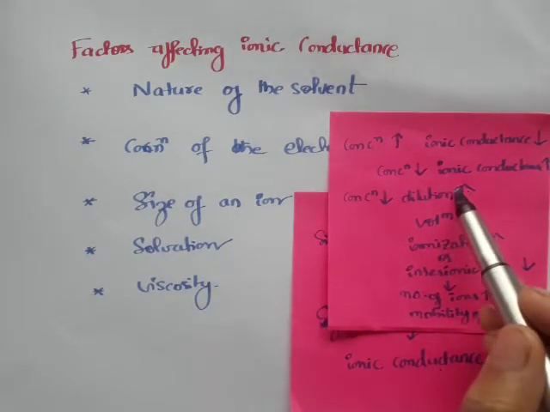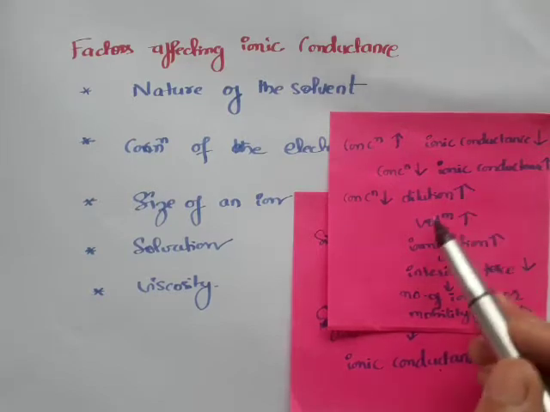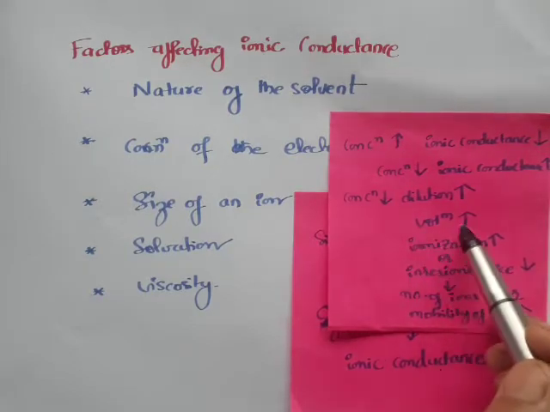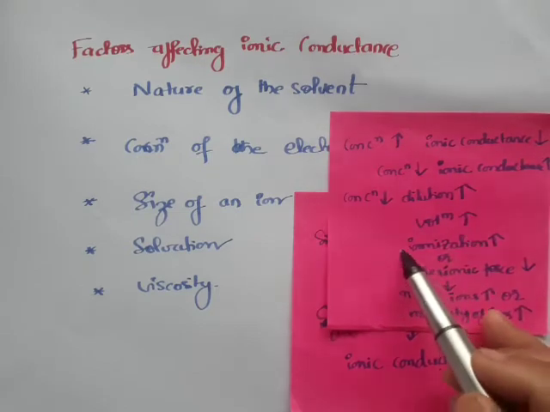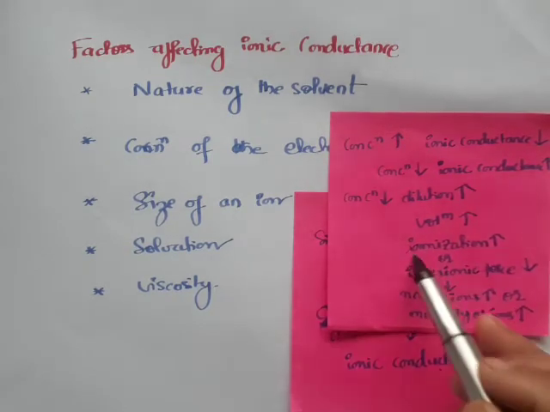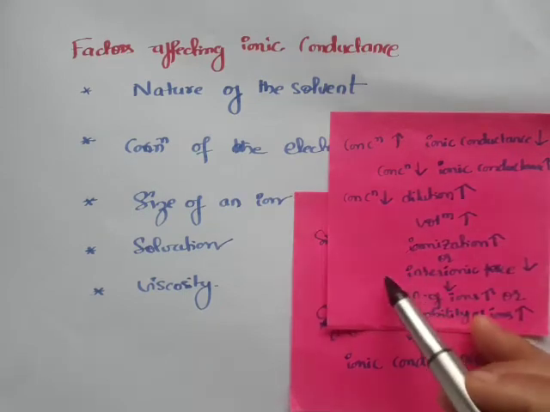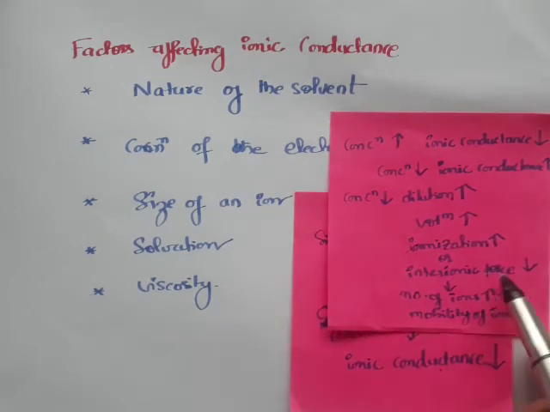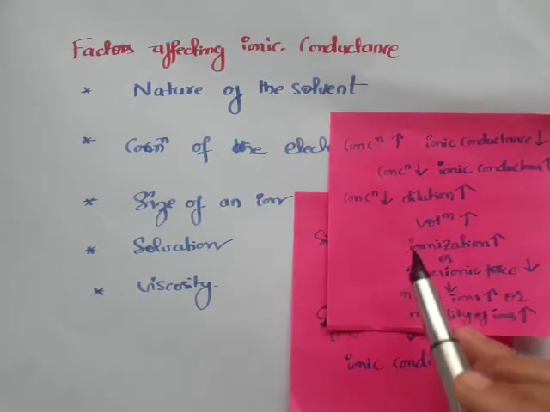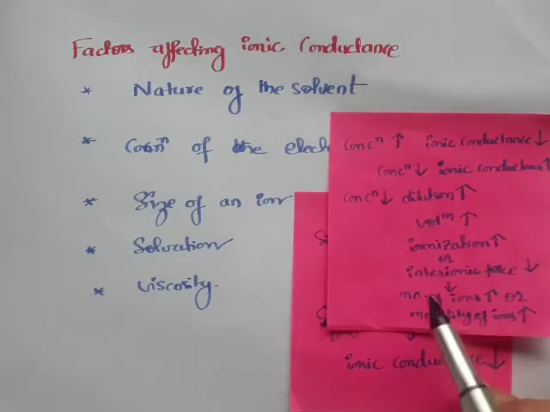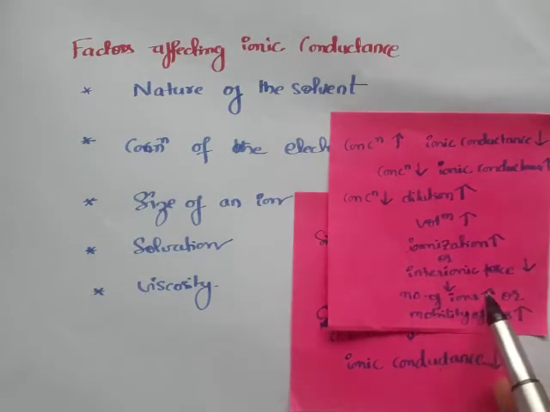When more and more dilution is done, the volume will increase. With an increase in the volume of the solution, either the degree of ionization will increase, or the interionic forces of attraction will decrease. With an increase in ionization, the number of ions will increase.